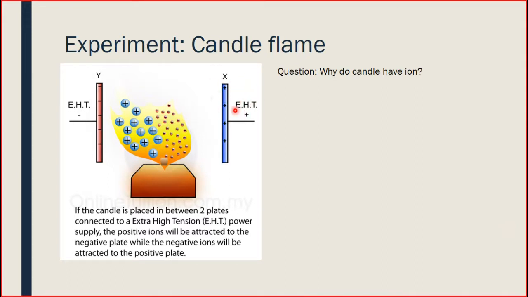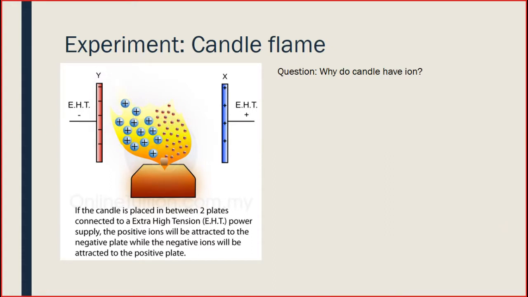It involves an experiment where you set up a candle and let it burn, and then you set up two plates. These two plates have an extra high tension power supply, and they will create some sort of electric field among themselves.